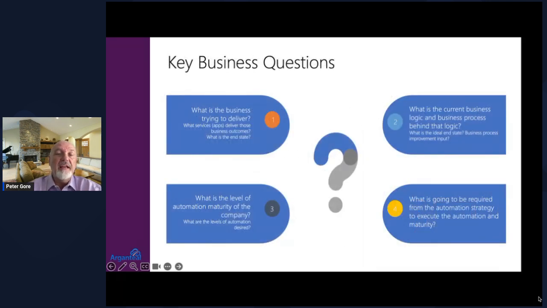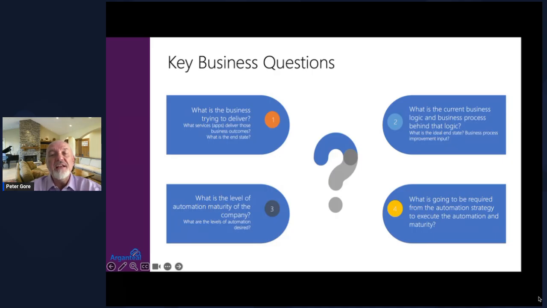So as you're deploying and you're moving into this world, what are some of the key questions that you need to ask yourself, right? So the first question is, what am I trying to do? What am I trying to deliver to the organization, right? Taking a look at what am I currently doing? What is the different logic? Because we like to say, if you don't change your operational processes, you just end up doing bad things faster.